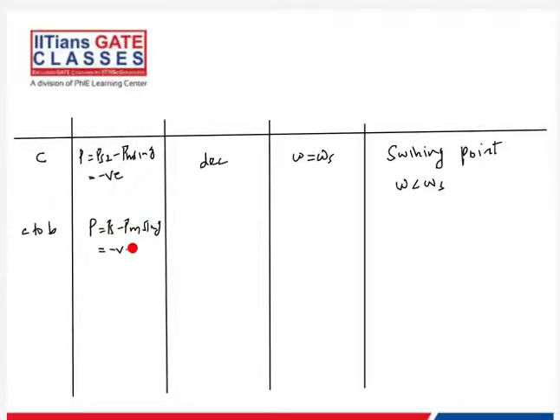This is going to be negative. So this is going to be deceleration. But here right now, omega will be less than omega s, right? So delta reduces further, right? Then it comes to the point B again.